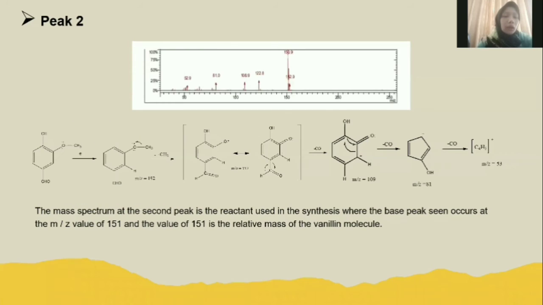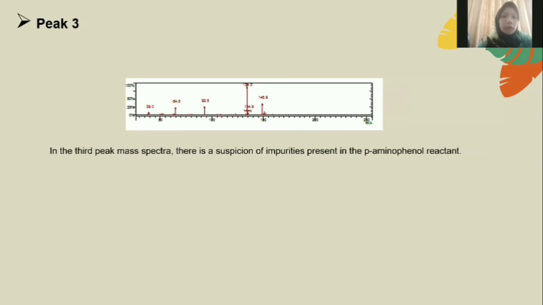Next, peak 2. The second peak and fragmentation pattern can be seen in the figure. The mass spectrum at the second peak is the reactant used in the synthesis, where the base peak occurs at the m/z value of 151, and the value of 151 is the relative mass of the vanillin molecule. Next, peak 3. The third peak can be seen in the figure.